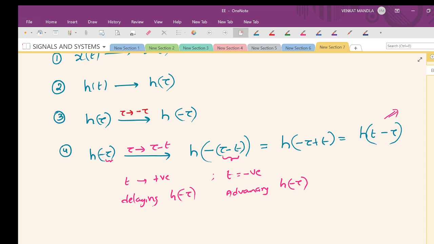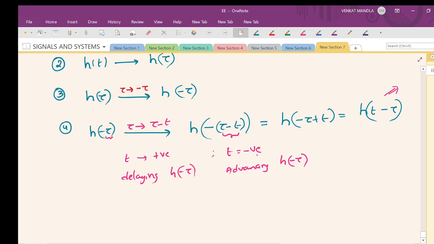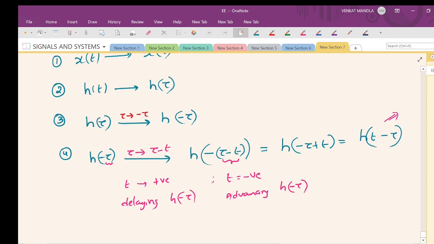If t equals minus 2, then we get h(minus tau plus 2), and h(minus tau) moves 2 units to the left side. If t is negative, h(minus tau) moves left; if t is positive, it moves right. We have to keep this in mind during graphical convolution.